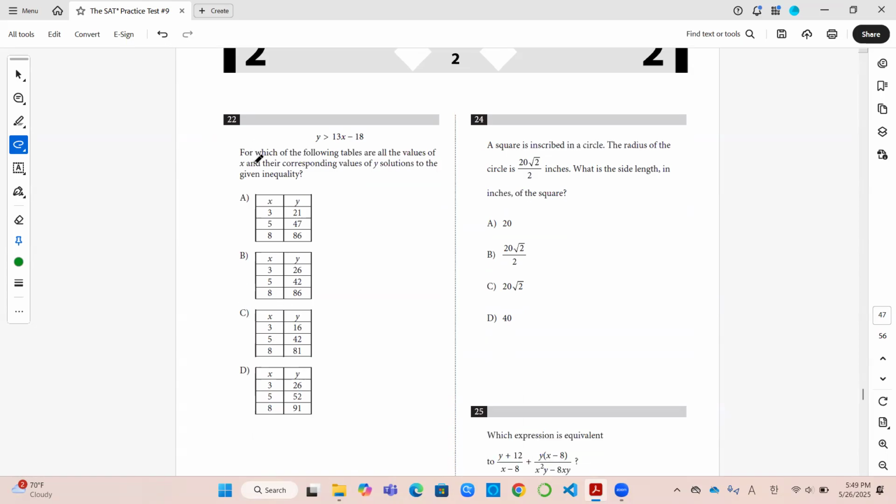Question 22. For which of the following tables are all the values of x and their corresponding values of y solutions to a given inequality? All you've got to do is plug in the x and check if the y values in the table are greater than this. So we'll go ahead and plug in each one here. So 21, we'll check if 21 is greater than 39 minus 18.